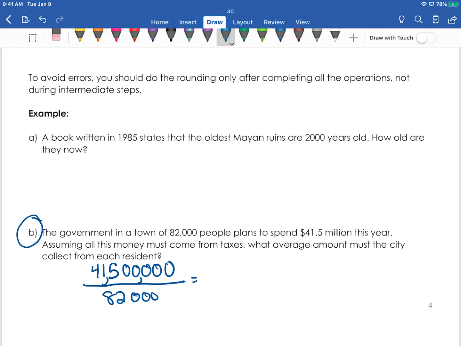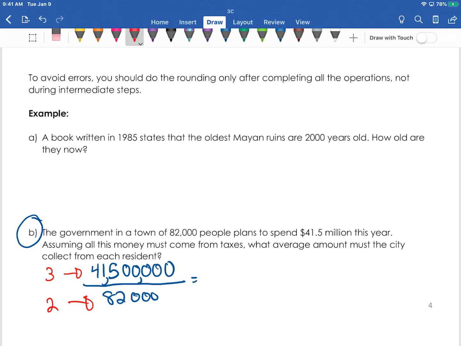And with accuracy, we're looking at the number of significant digits. We want to take the number with the fewest significant digits. This number up here has 3 significant digits. This number down here has 2 significant digits. So when we write out our answer and we round it at the end, we want to make sure that we use the lower number of the significant digits. So we're going to round it to 2 significant digits.